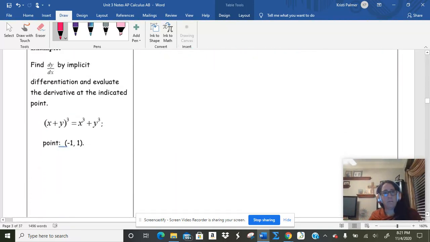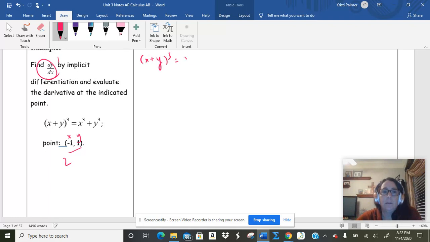All right, so this wants me to find the derivative and evaluate at this point. So now instead of just plugging in x's like we did with tangent lines, we have to plug in an x and a y. So first go and solve for dy dx. Then go plug in your point. Okay, so this part over here is definitely a chain rule.